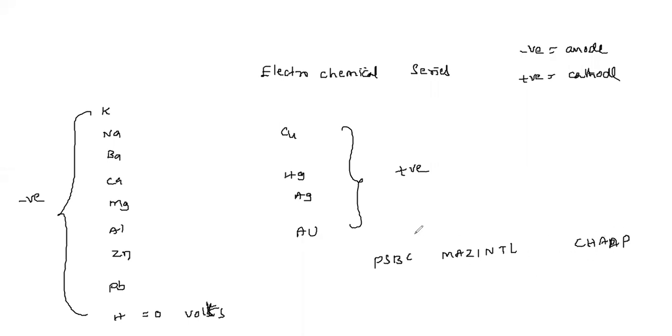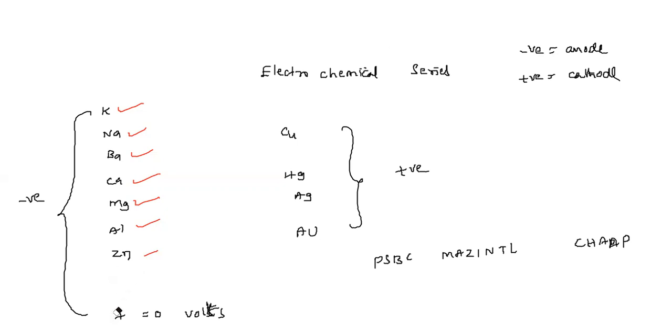Here P means potassium, S sodium, B barium, C calcium, then M magnesium, A aluminum, Z zinc, I iron, N nickel, T tin, L lead.